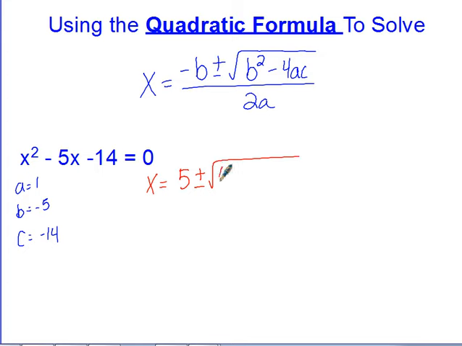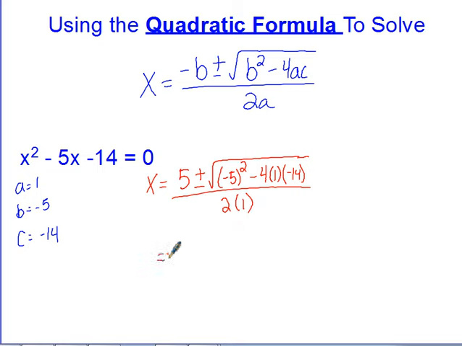Good, because it's a negative, it's going to be -5 squared minus 4 times 1 times -14, all of that over 2 times 1. Now, I know you don't have to write 2 times 1 because we already know the answer, but I write it because you've got to get used to just plugging everything in, right?